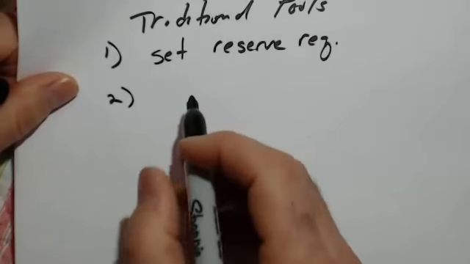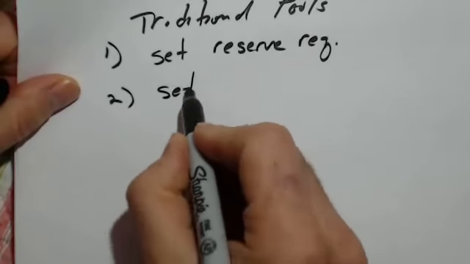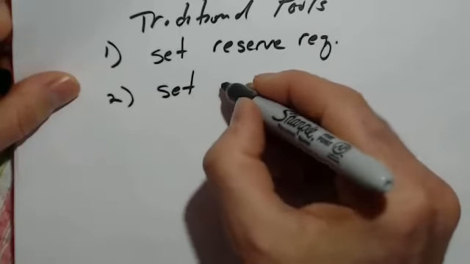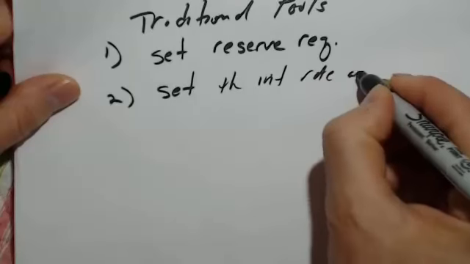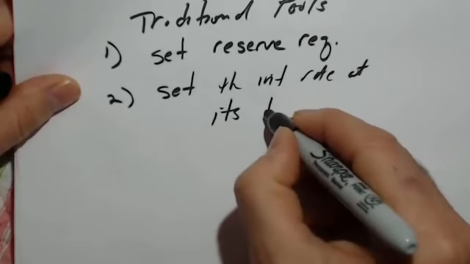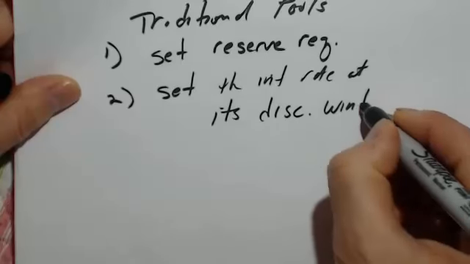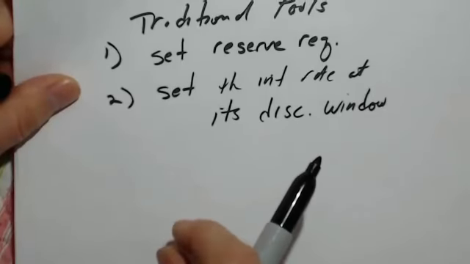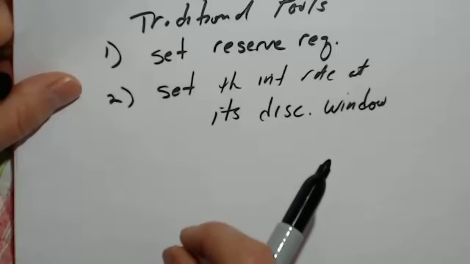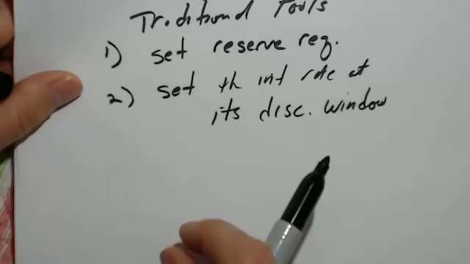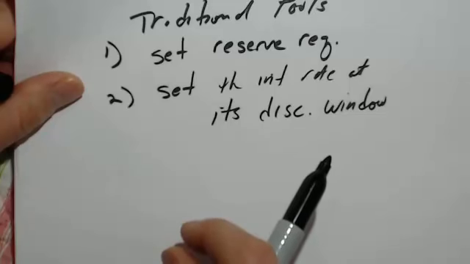First, it can set or change interest rates, the interest rate at its discount window. And the way to think about that is the Fed is a lender of last resort. So if banks are in trouble and they need to borrow money and they're unable to borrow money from other banks and other financial institutions in the economy, the Fed is there as a backstop.